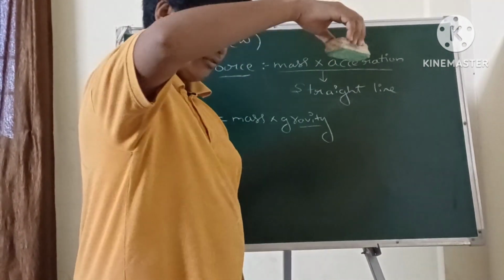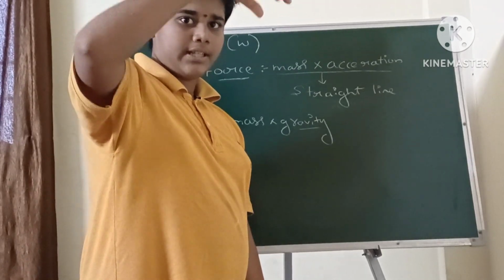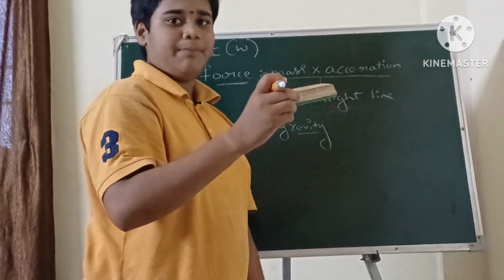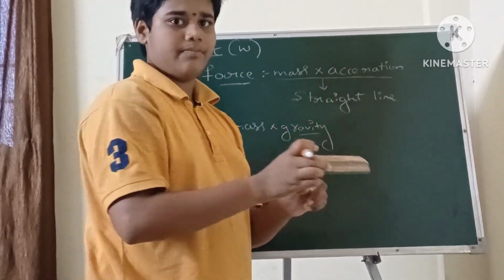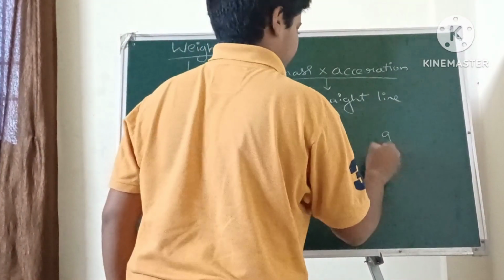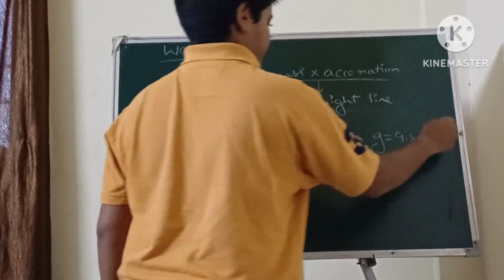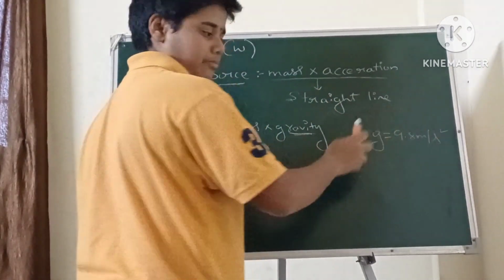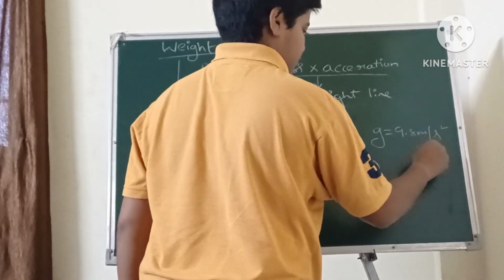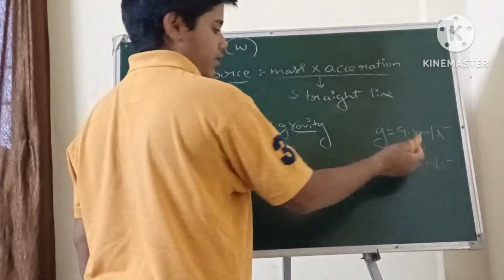If I leave it from a certain height, gravity pulls down the object. This is the meaning of gravity. The value of gravity is 9.8 meters per second square. The approximate value is 10 meters per second square. We can use either of them.